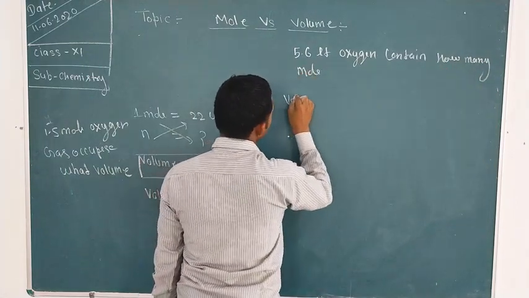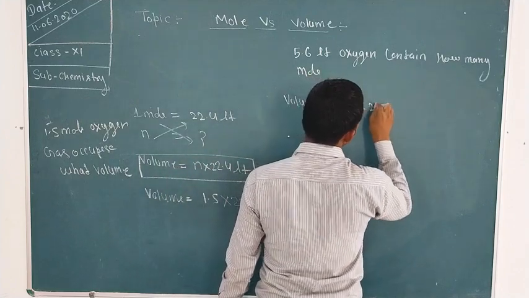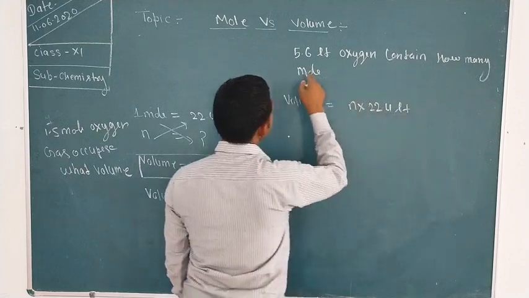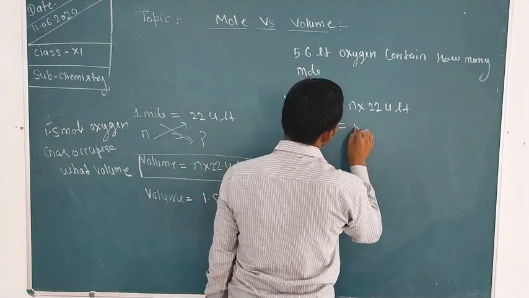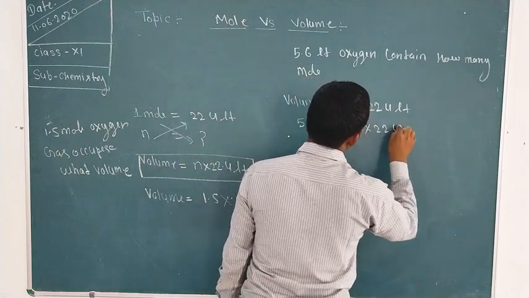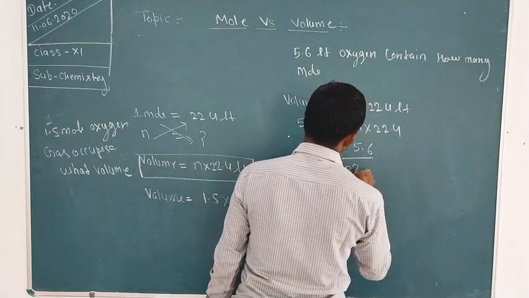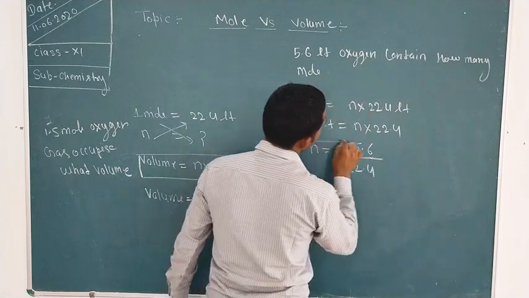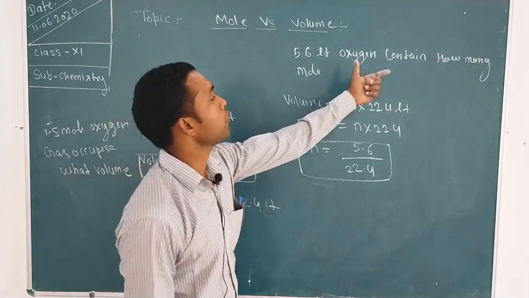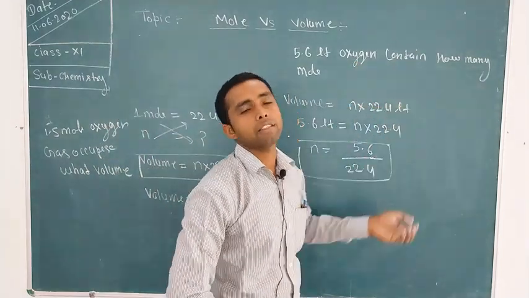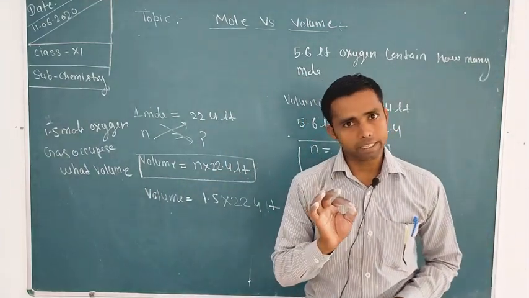We know volume equals number of moles into 22.4 liter. Here the volume is given, that is 5.6 liter, and the number of moles I don't know, and we try to find it. So n equals 5.6 upon 22.4. Then we find the number of moles of the given gas, oxygen gas. Here you can take any gas. It is applicable for each, but there is a condition. This formula is applicable only for gas.